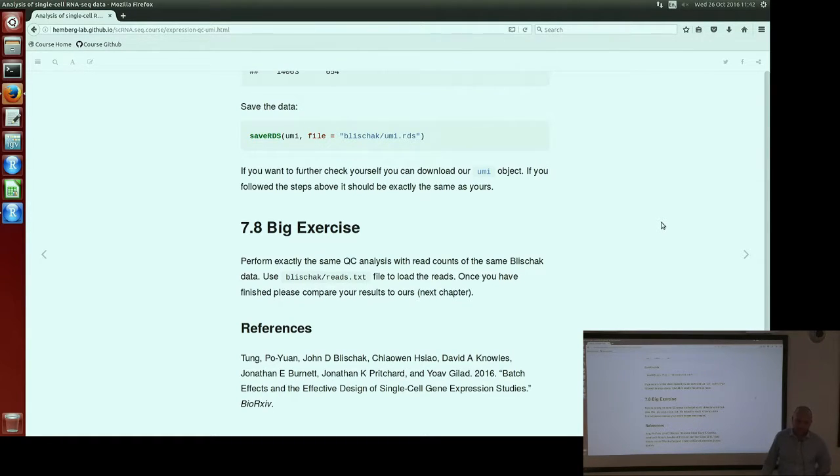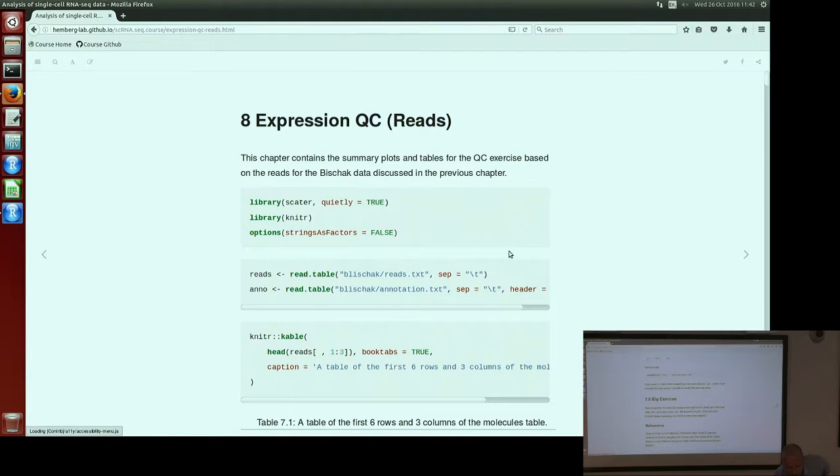Go through every step yourself and try to see whether the read quality control is very different from the UMI quality control, and what the differences between them are. If you have any questions, please ask. Again, you can either use the website, or the RMD file, or you can do it yourself, whatever you prefer.